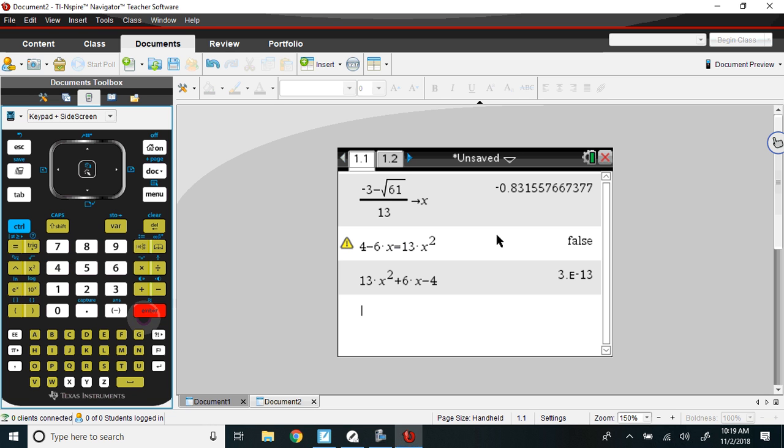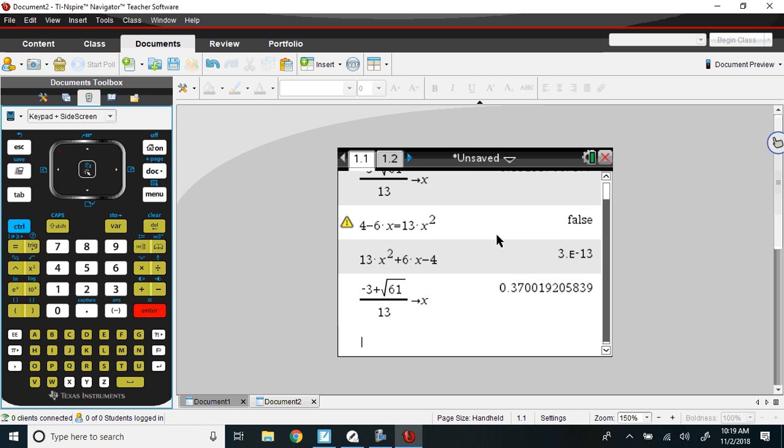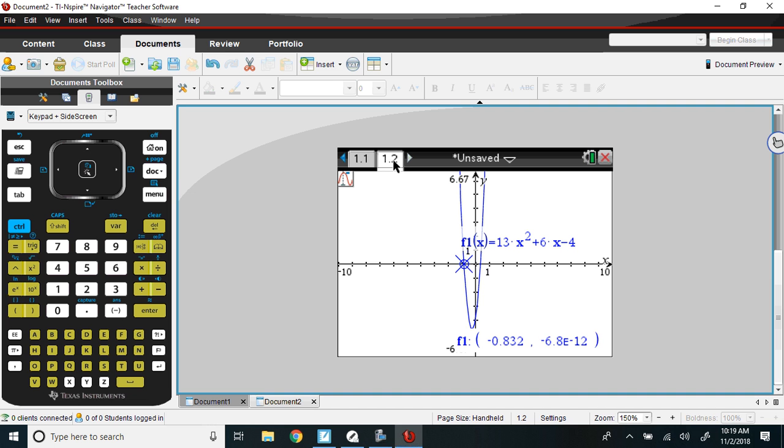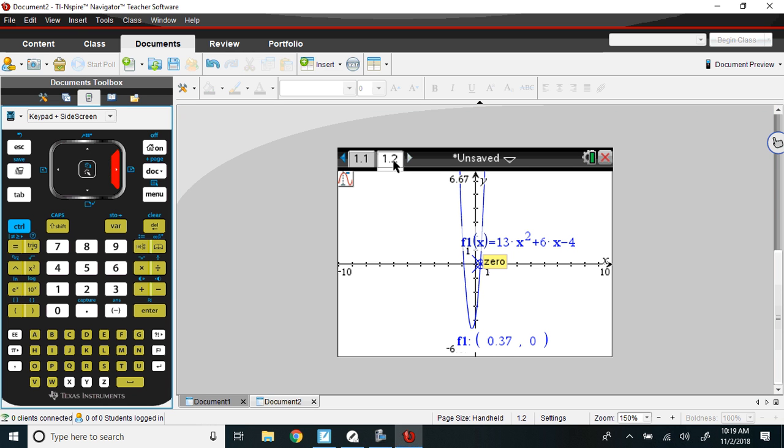So this should equal 0, which it does. 3 times 10 to the negative 13th, that's 0. What about the other one? If we change that to a plus, it's 0.37. So our other root should be 0.37. And it is. So we're good. We're better than the calculator.